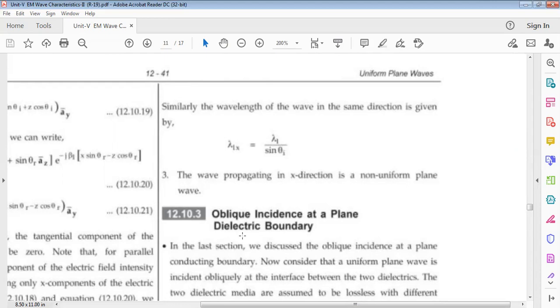Then oblique incidence at a plane of dielectric boundary. We completed oblique incidence at a plane conducting boundary for vertical polarization and horizontal polarization. Then we go for oblique incidence at a plane dielectric boundary for horizontal and vertical. What is horizontal? Horizontal polarization is also called perpendicular polarization, also called E-polarization.